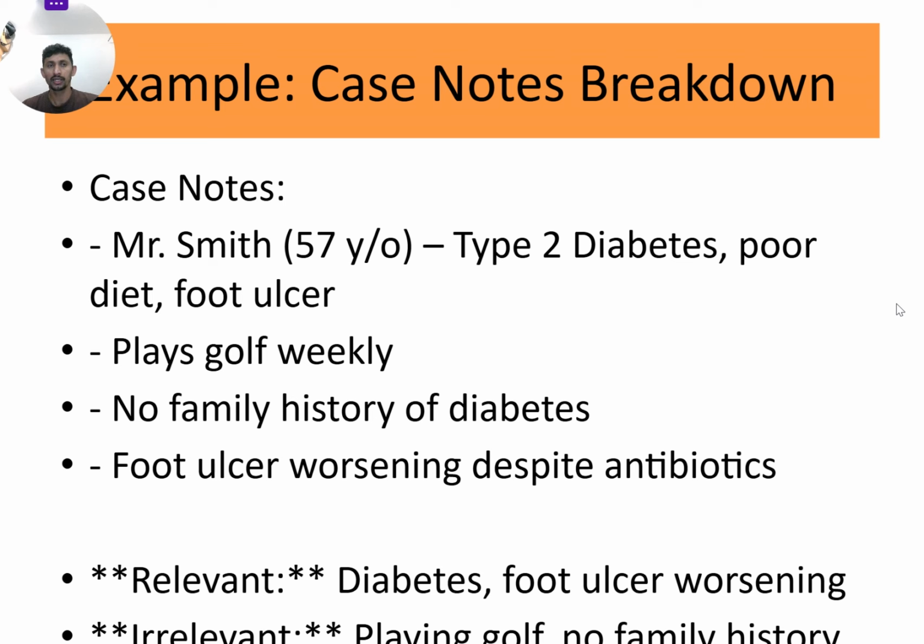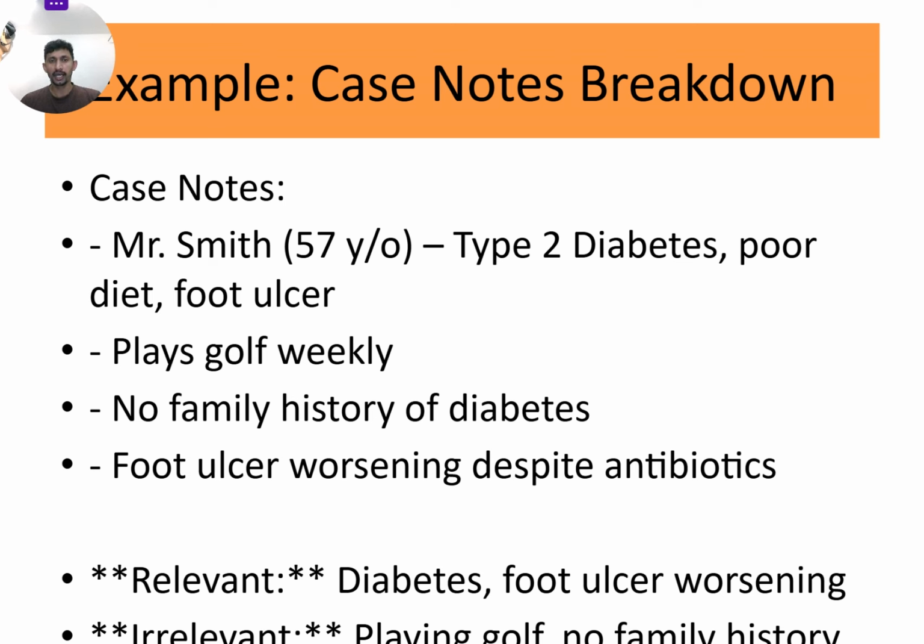Let's go with an example, the case notes breakdown. Usually case notes have information like the patient's name and age, and the primary or presenting complaint of the patient. Here it is type 2 diabetes, poor diet, foot ulcer. And the second piece of information says that he plays golf weekly, no family history of diabetes, foot ulcer worsening despite antibiotics.